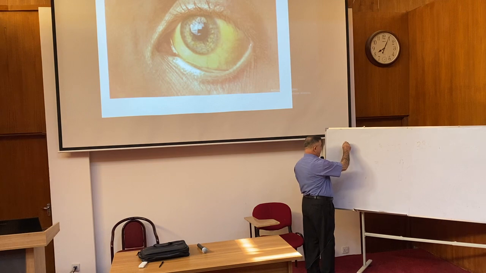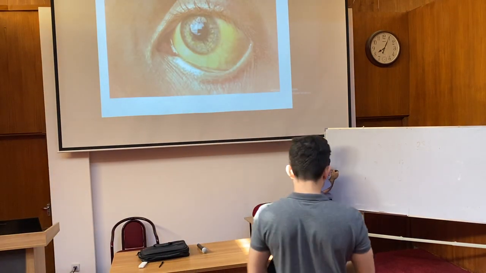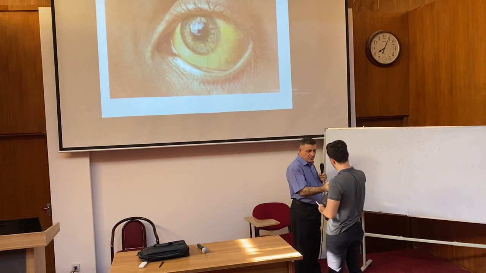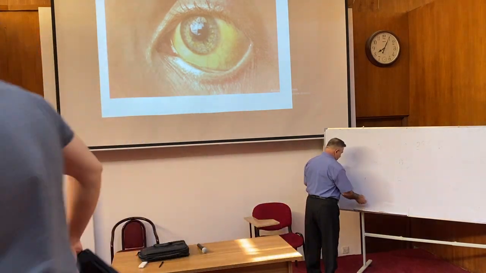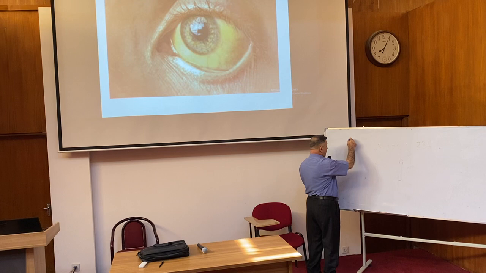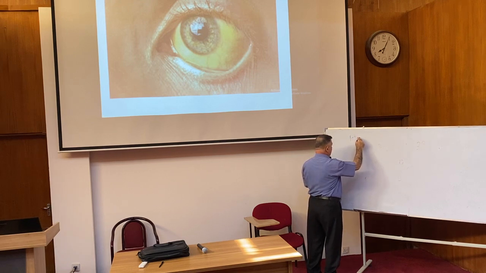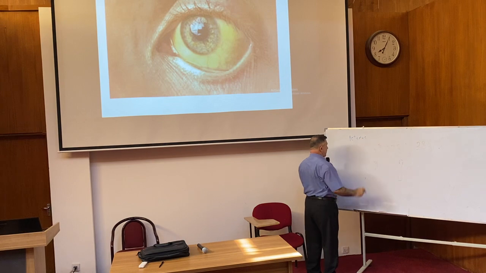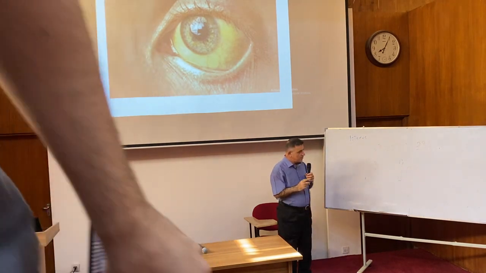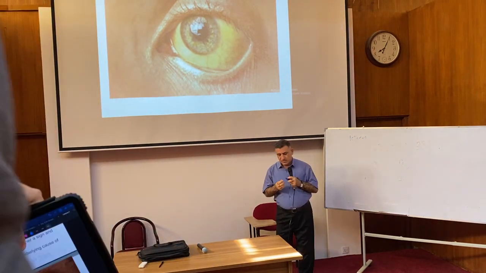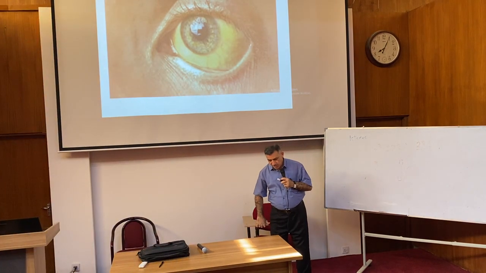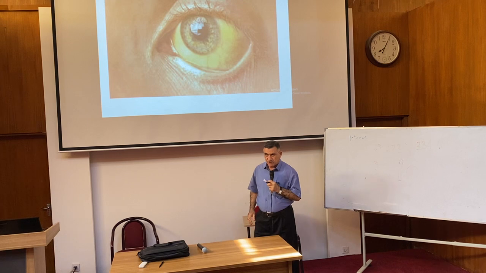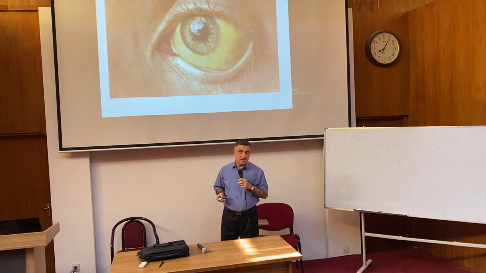Icterus is sometimes used interchangeably with the word jaundice, but actually it means yellowness of the sclera.